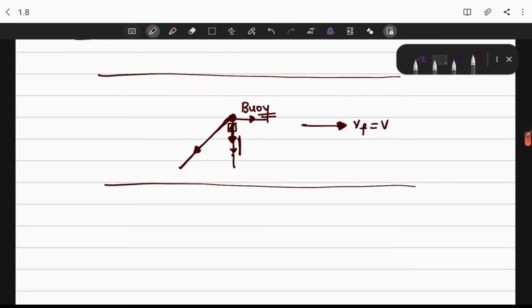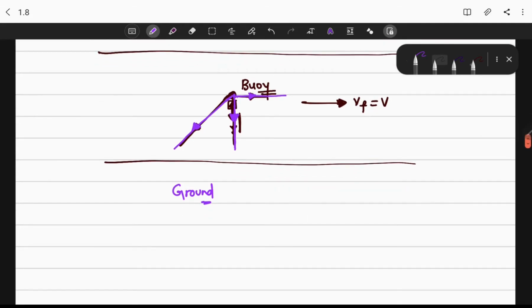So with respect to ground, the boat is moving in this particular direction and the flow has the motion in this direction. So with respect to the flow, the boat has to move in this particular direction so that the resultant motion will be in this direction.